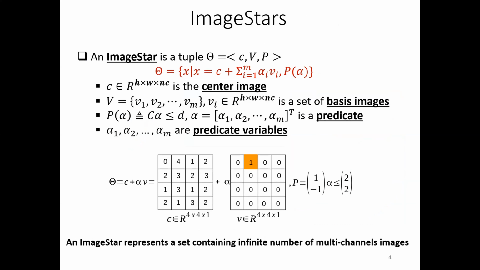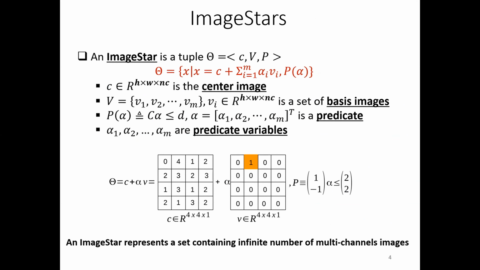To do reachability analysis specifically for convolutional neural networks, we propose a new concept called image star, which is an extension of the star set that is used in the hybrid systems community to do reachability analysis for linear systems. An image star is a tuple that contains a center image, basis images, and a set of predicate variables.